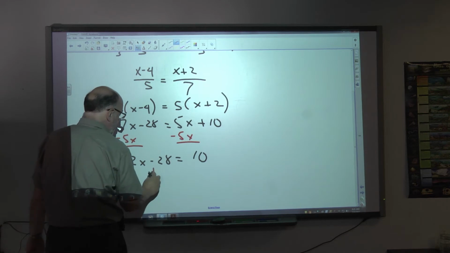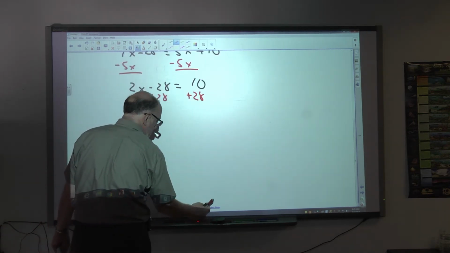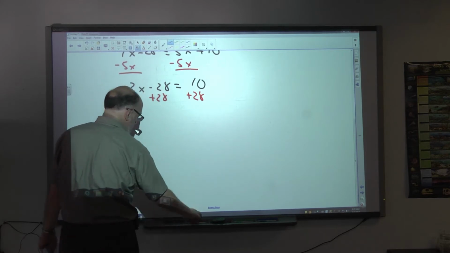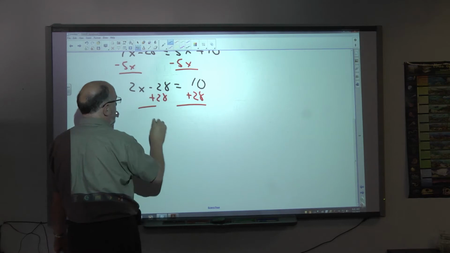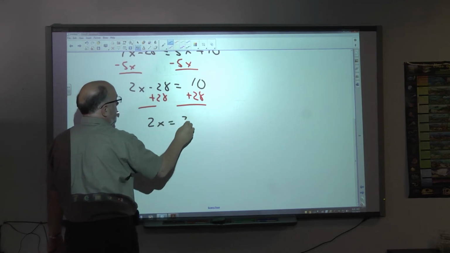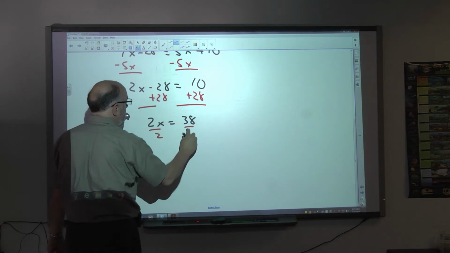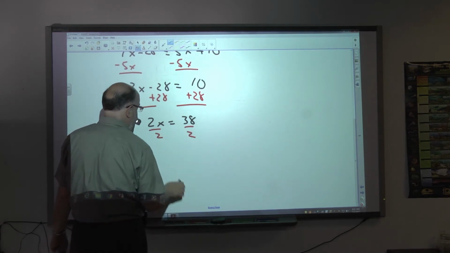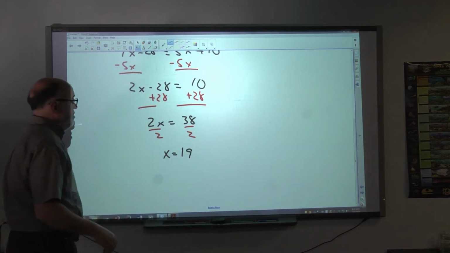We then are going to add 28. And so 2x equals 38. And then divide by 2. And x is going to be 19. So x is 19.